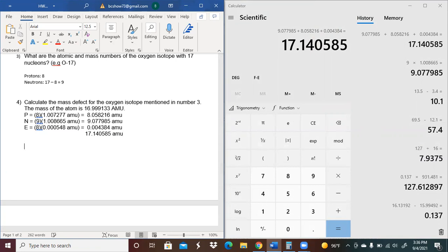So this is what we're going to have if we add all the constituent parts of that particular atom together.